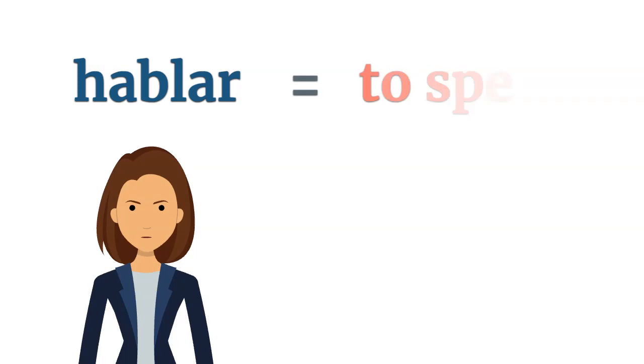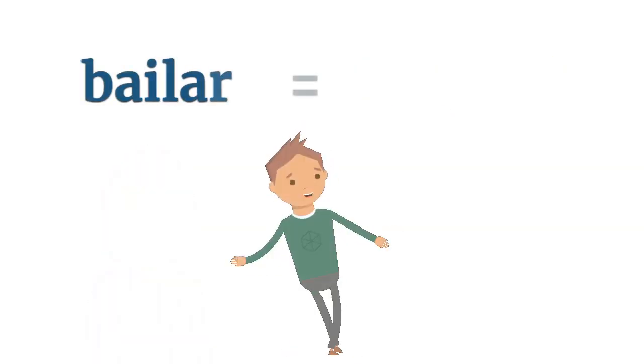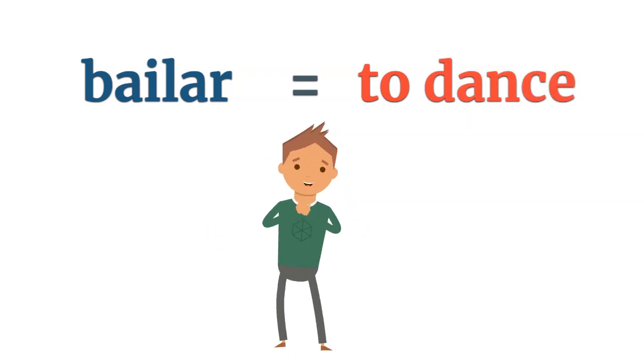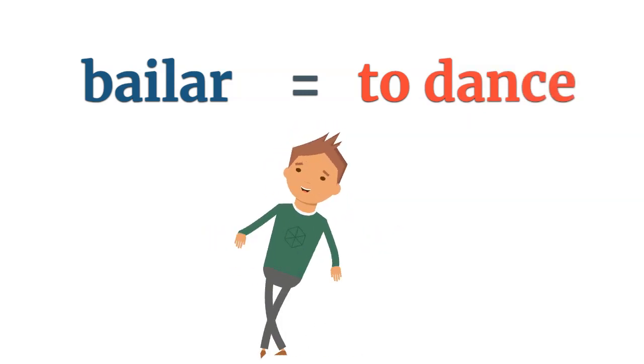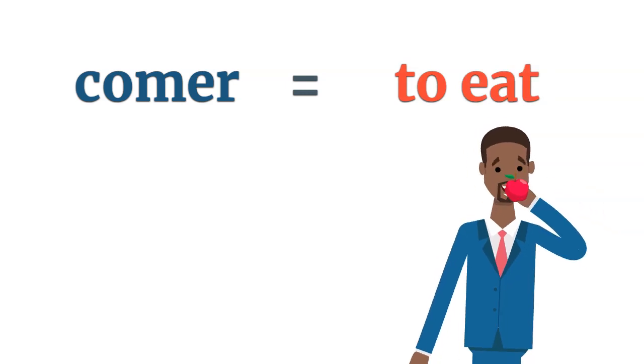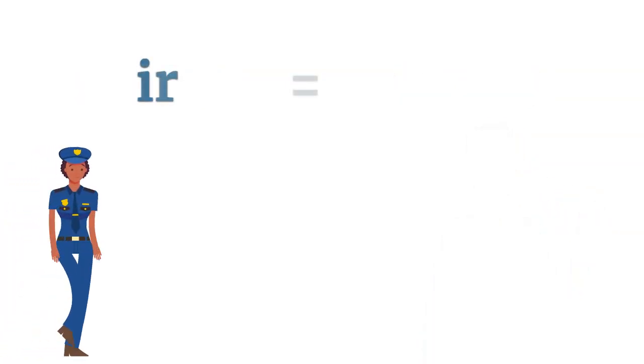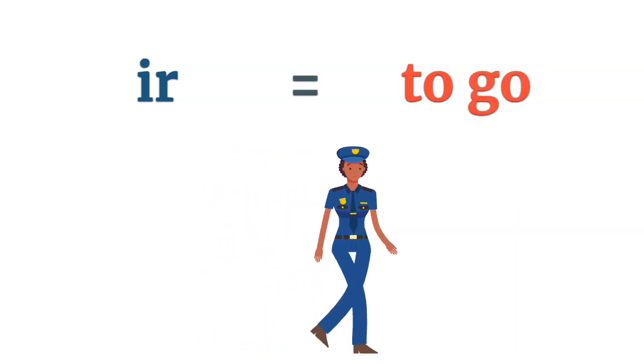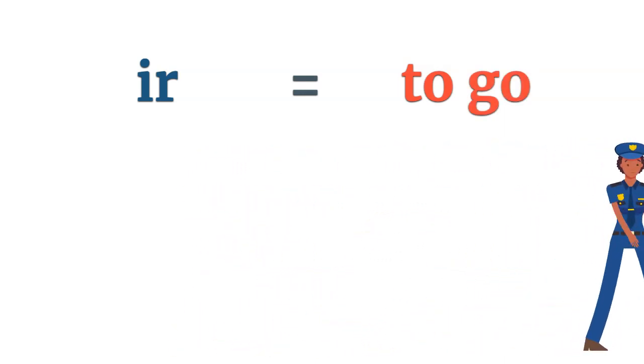For example, hablar means to speak, not just speak. Bailar means to dance, not just dance. Comer means to eat, not just eat. Ir means to go, not just go, etc.